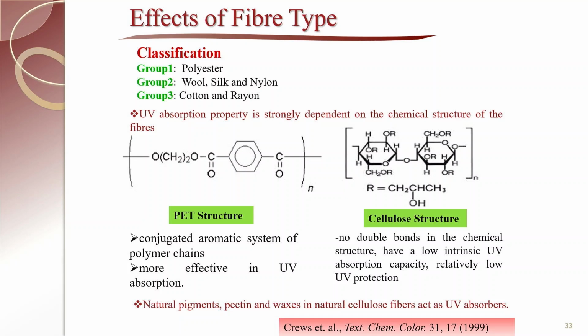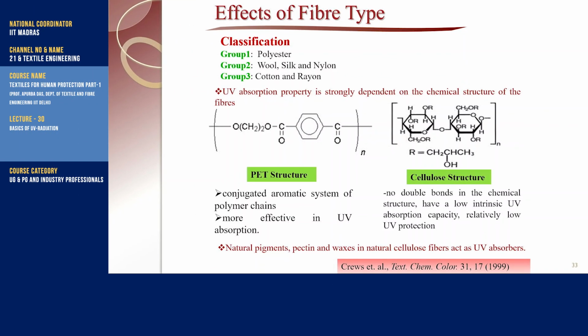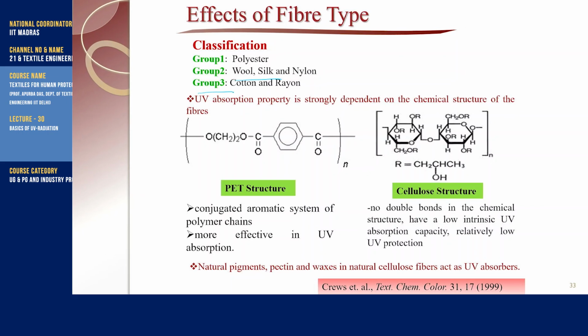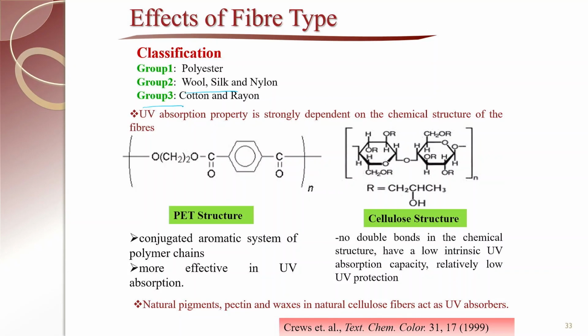Now, the fiber type we have also discussed earlier in detail. In short, we can divide normal fibers into three classifications. Normal apparel grade fibers: group 1 is polyester, group 2 is wool, silk, nylon, and group 3 is cotton and yarn.